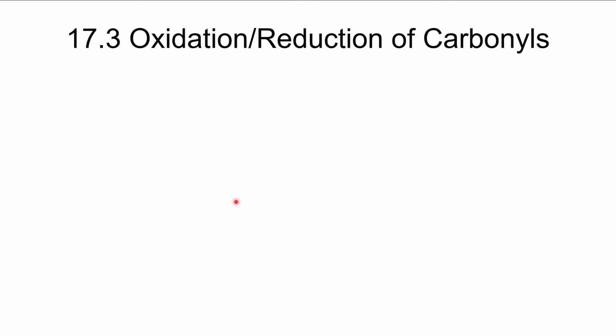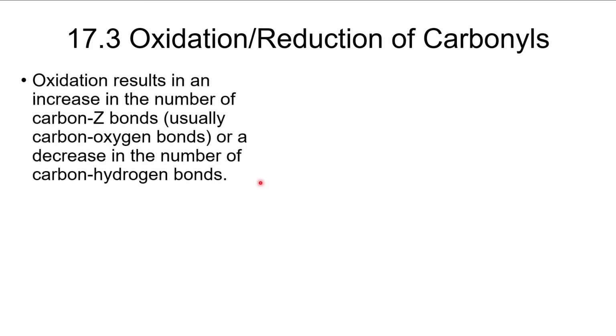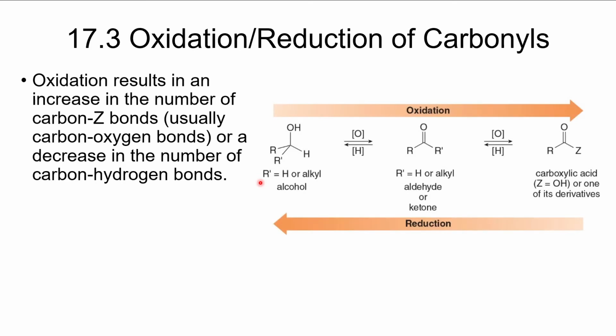So now we want to talk about oxidation and reduction of carbonyl compounds. Whenever we do oxidation, that usually is going to include an increase in the number of carbon-Z bonds, where Z is something more electronegative. Now, usually that more electronegative thing is oxygen, but it can be other things like halogens or even nitrogen.